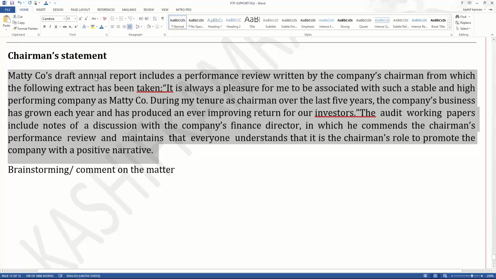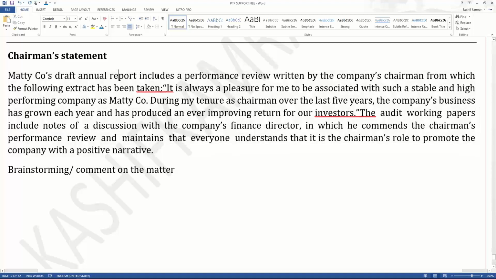METI company's draft annual report includes a performance review written by the company's chairman, from which the following extracts have been taken. A chairman review as part of the annual report is something very fine. But let's see, is there something wrong in the chairman statement which has been published?